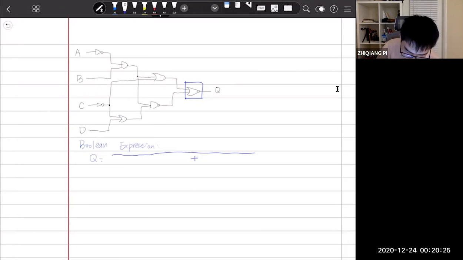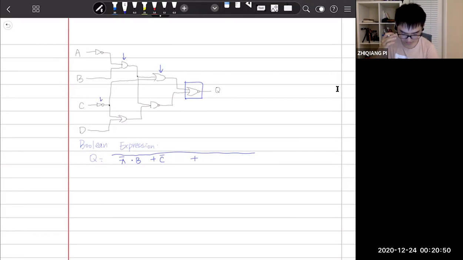Looking here, we get another OR gate. The upper input is an AND. The two inputs of the AND are not A and B. And then the other input of the OR is just not C from here.